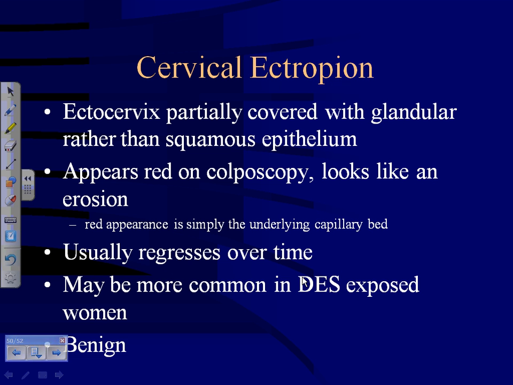When part of the glandular epithelium kind of proceeds out onto the ectocervix, which happens, and it's not anything abnormal, it's just something worth noting, that's called ectropion, okay? And it appears red on colposcopy, looks like an erosion, just like that adenosis did in the vagina. And the red appearance is simply due to the underlying vascular component. It can regress over time. It may be more common in DES exposed women, but it's totally benign.